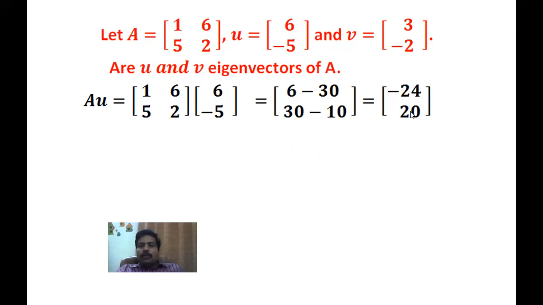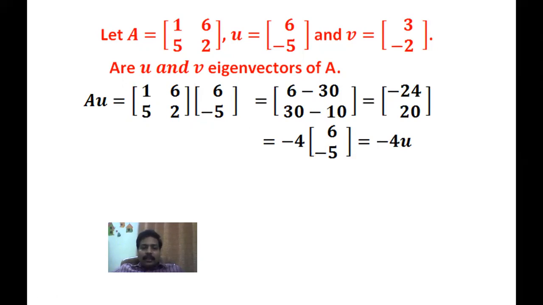So we get (-24, 20), and we can observe that this is minus 4 times the vector U, that is minus 4 times (6, -5), so AU equals minus 4U. Now it is in the form Ax equals lambda x.